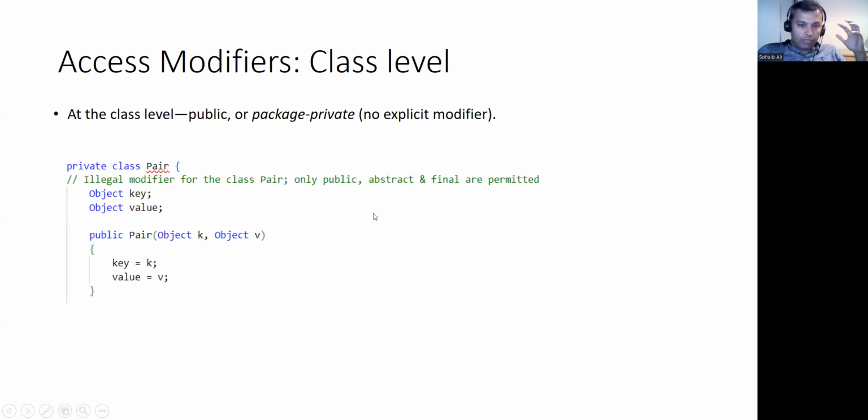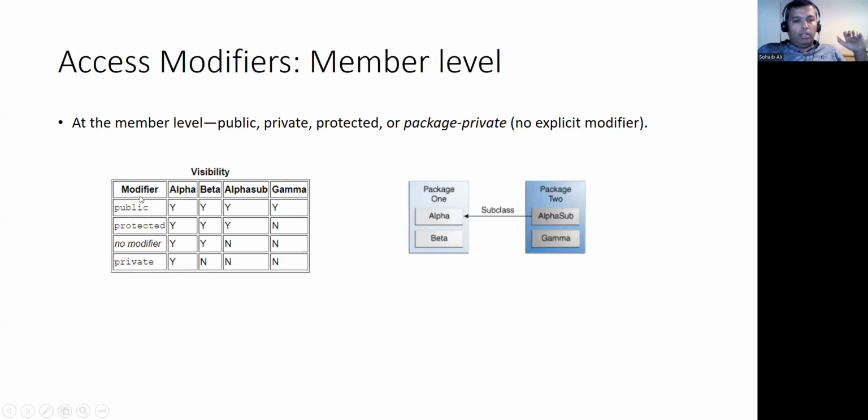At member level, I can also say whether this object is public or private, or what. At that level, we can have four specifiers. For example, let's say we have a package. That package contains two Java files. One is alpha, which contains the alpha class. The other one is beta, which contains the beta class.